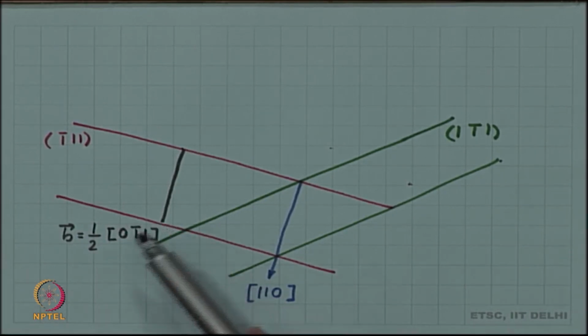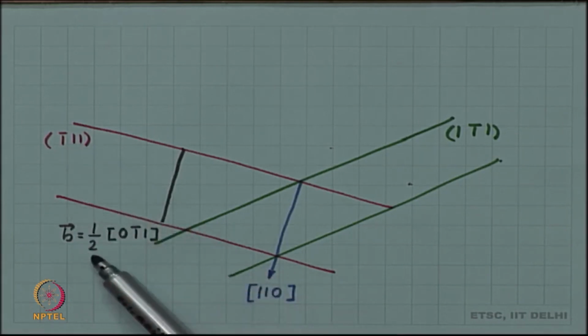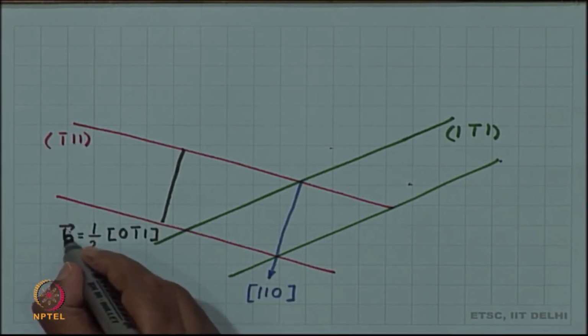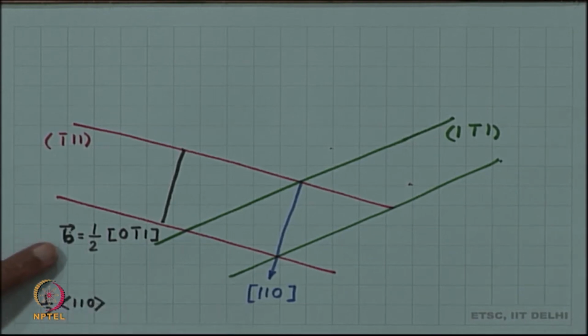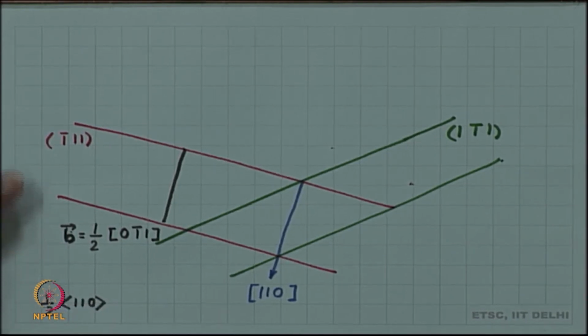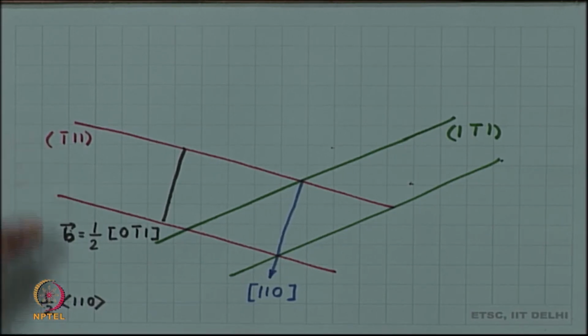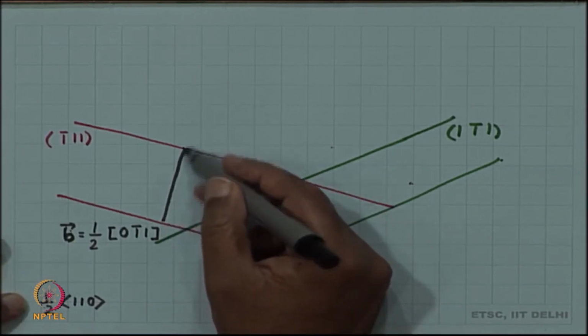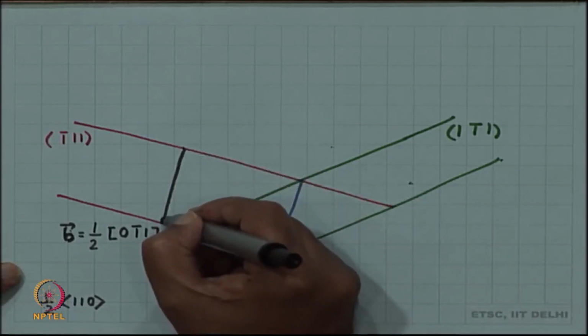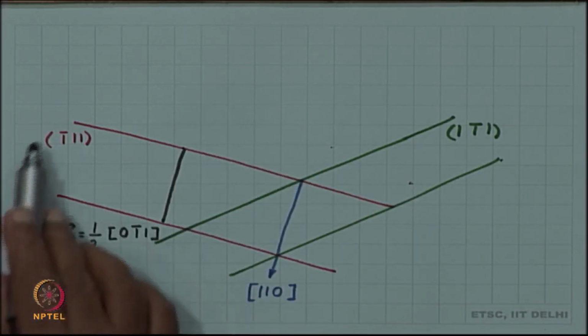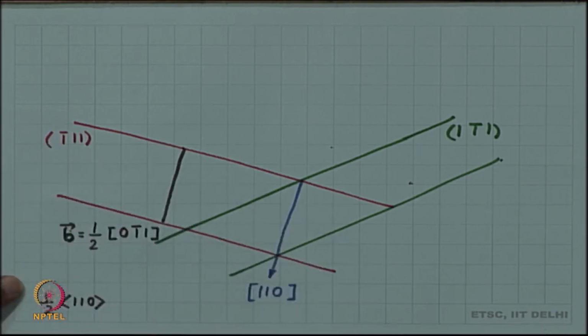Notice that the Burgers vector has to lie in the slip plane. So, I have chosen from the family half 1 1 0 one of the Burgers vectors which lies in this bar 1 1 1 plane, because the Burgers vector of any given dislocation line has to lie in its slip plane, and I am creating this dislocation such that the red plane is the slip plane for this dislocation line.